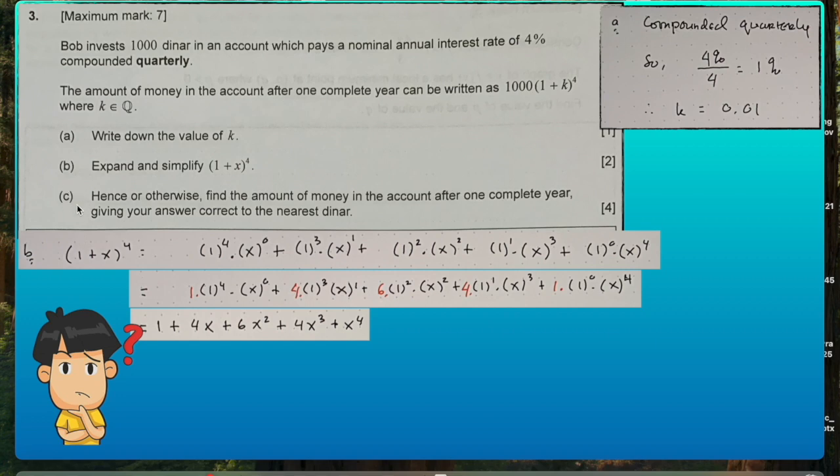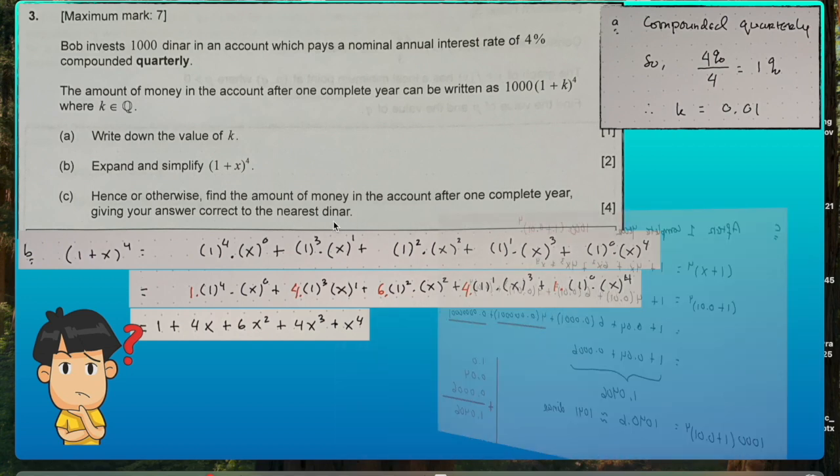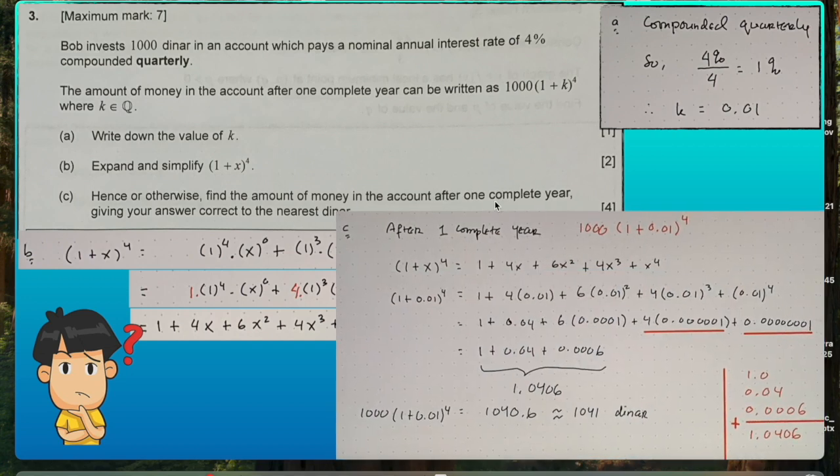Next, for question C, hence or otherwise find the amount of money in the account after one complete year, giving your answer correct to the nearest dinar. So that's important there, to the nearest dinar. Right, so we're using this formula, knowing that k is equal to 0.01, and also we're going to use this expansion because the question says hence or otherwise.